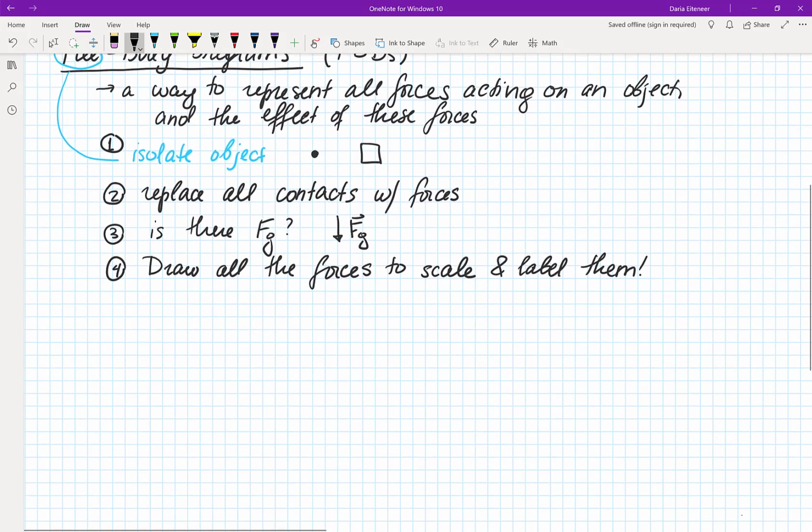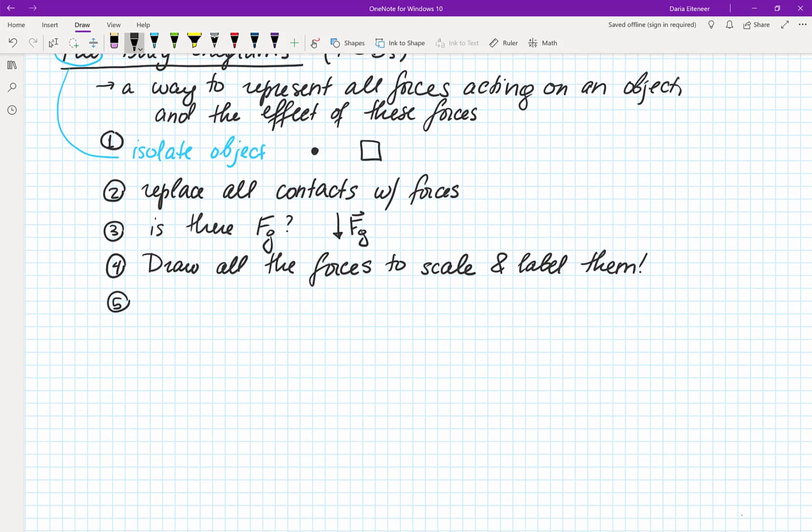Number 5: velocity vector and acceleration vector are not forces. So if you want to indicate that an object is moving or accelerating or both, you can put velocity and acceleration vectors near the free body diagram, but not on the diagram itself, rather off to the side.